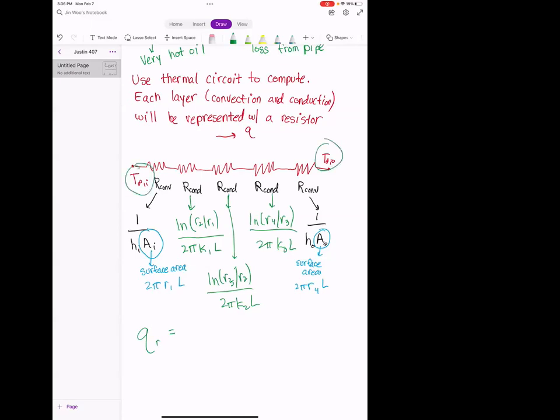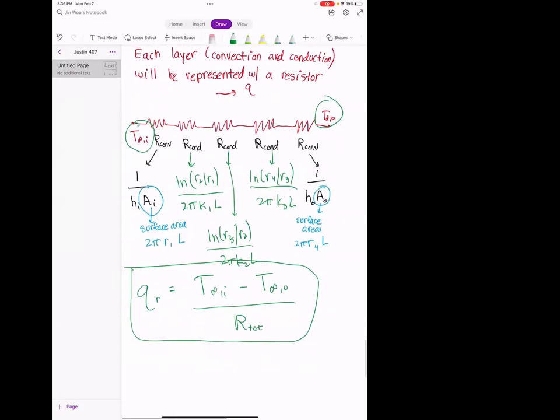We can use T infinity I minus T infinity O divided by the total resistance. And remember, the way you get the total resistance is you simply add up all the resistances that you have over there.